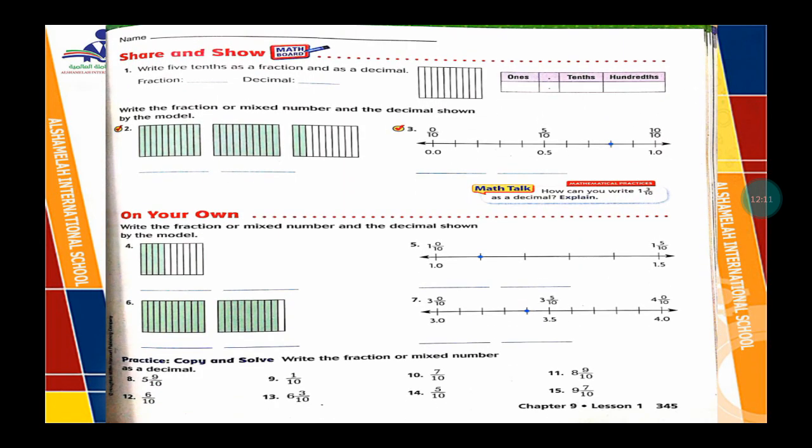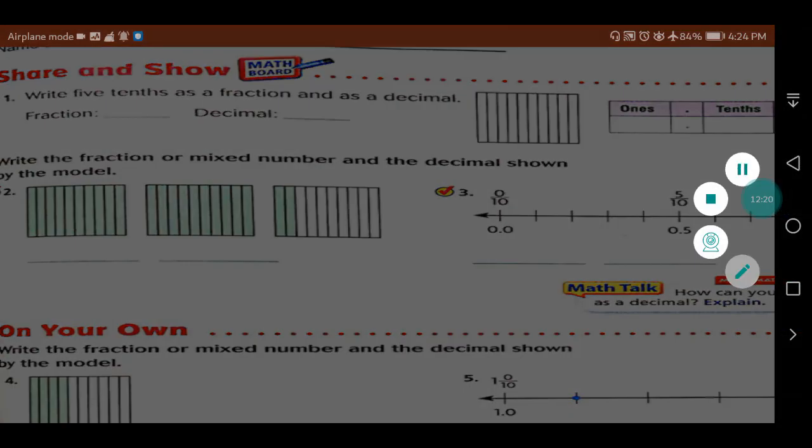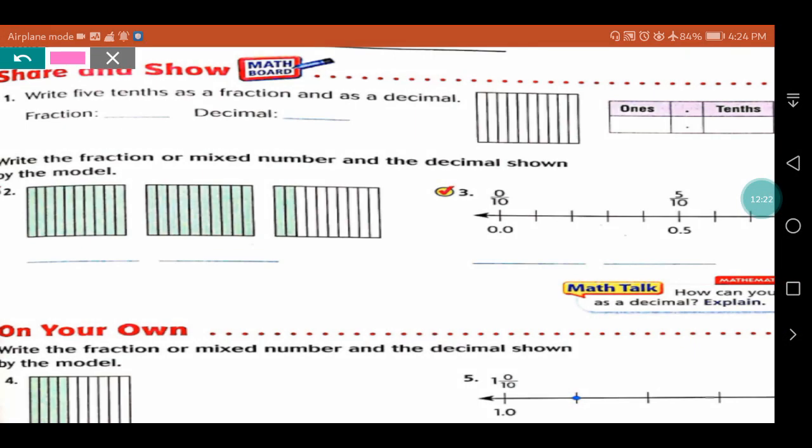Okay, share and show. Next page. Here he asks you to write 5 tenths as a fraction and as a decimal. Fraction 5 tenths, we write 5/10, and as a decimal we write 0.5, okay.